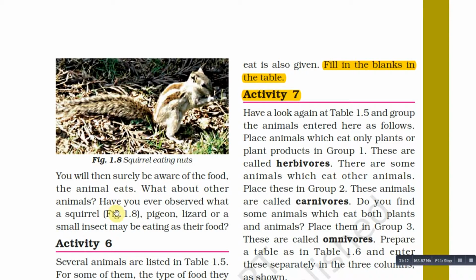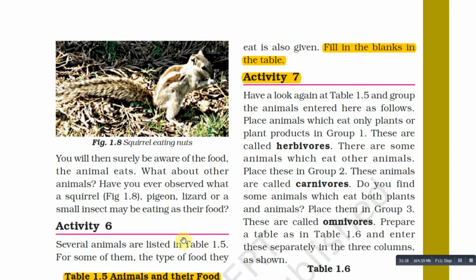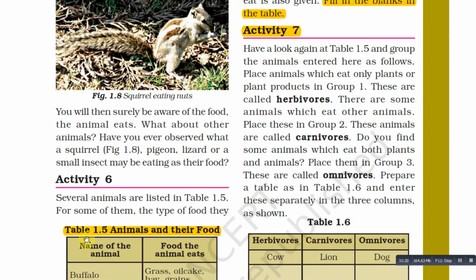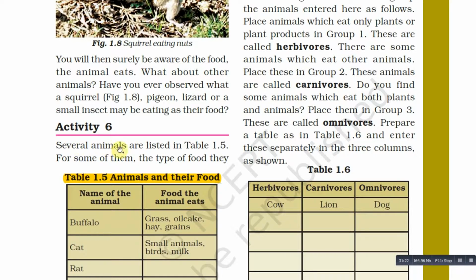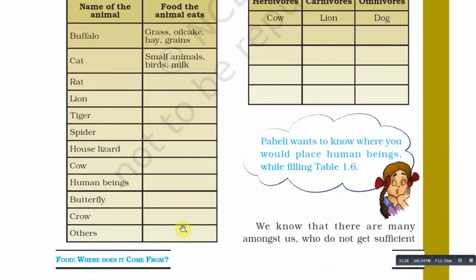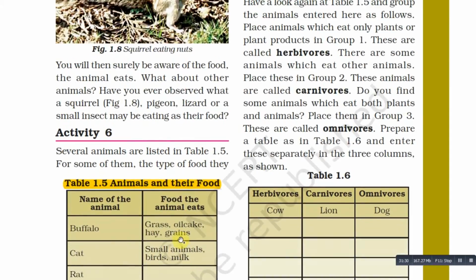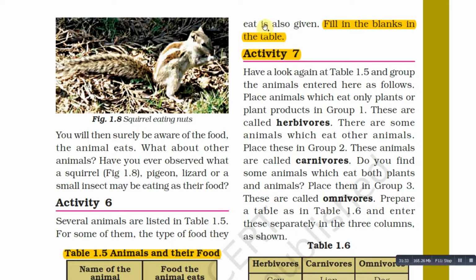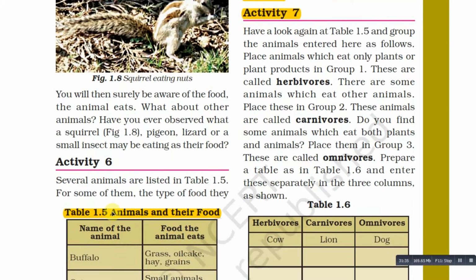Have you ever observed what a squirrel, pigeon, lizard, or a small insect may be eating as their food? So the next activity: several animals are listed in this table. For some of them, the type of food they eat is also given. Others you have to write.